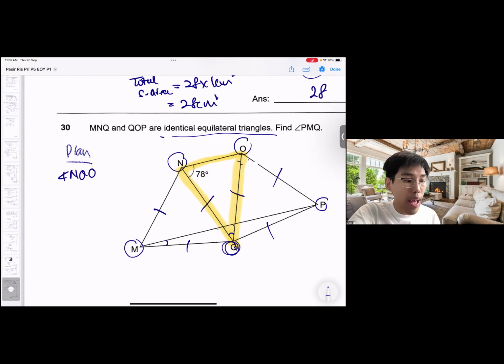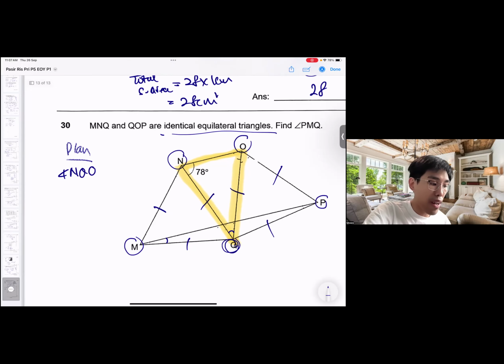And the angle that we're looking for is the base angle of this isosceles triangle. So actually our objective of finding NQO is to find MQP. That means after this I need to find MQP. Can follow? After finding MQP, then we can find our PMQ already.